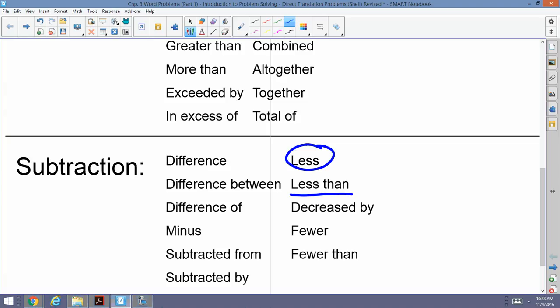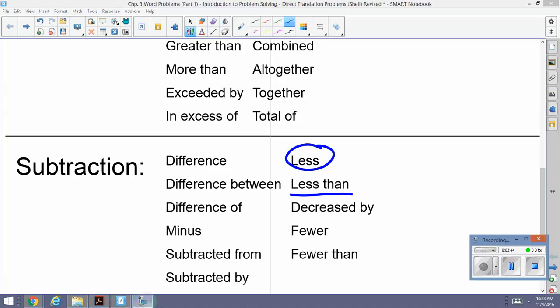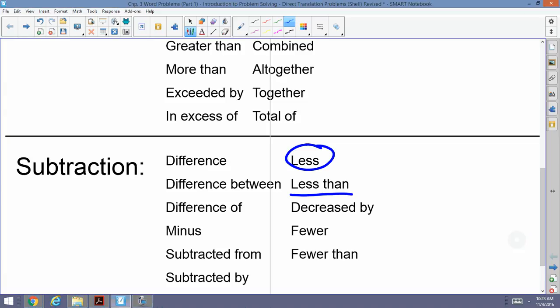A lot of people get less and less than mixed up. So what if I told you a number less 6?